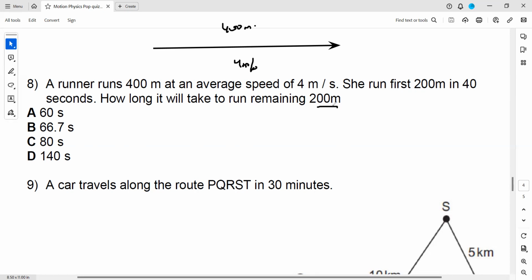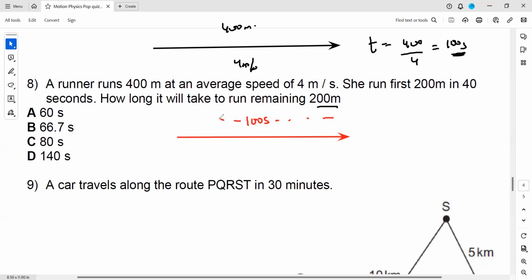First we will work out how much time the runner will take to complete these 400 meters. The total time will equal 400 divided by 4. So the runner will take 100 seconds to complete this race.